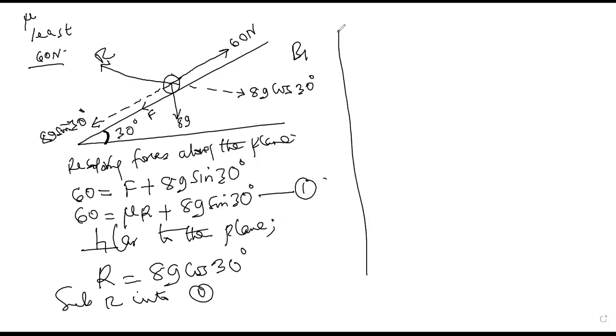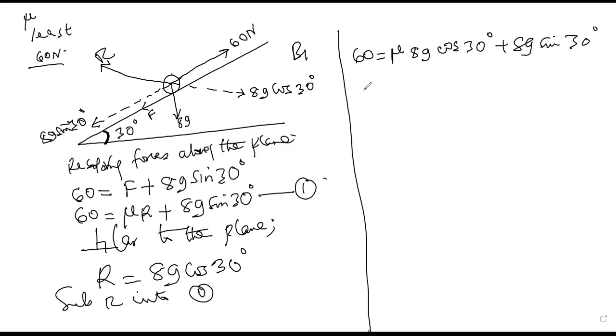Equation 1. So you'll have 60 is equal to mu R. So it will be mu times 8g cos 30 plus 8g sin 30, right?